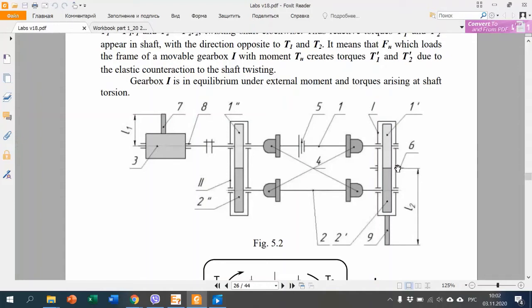That's why we use another one, much easier. We make one gearbox able to turn about axis 6, and this gearbox can move. This gearbox is fixed.